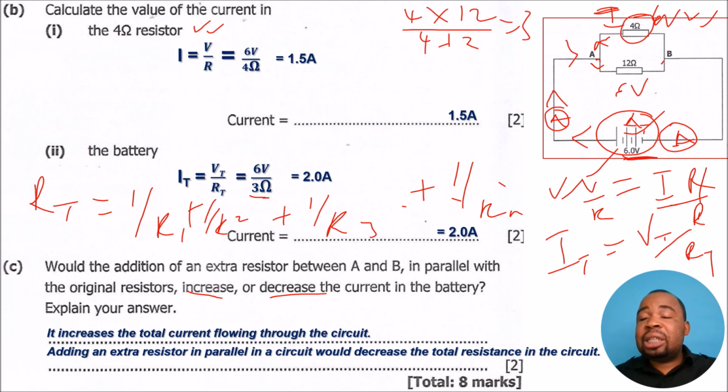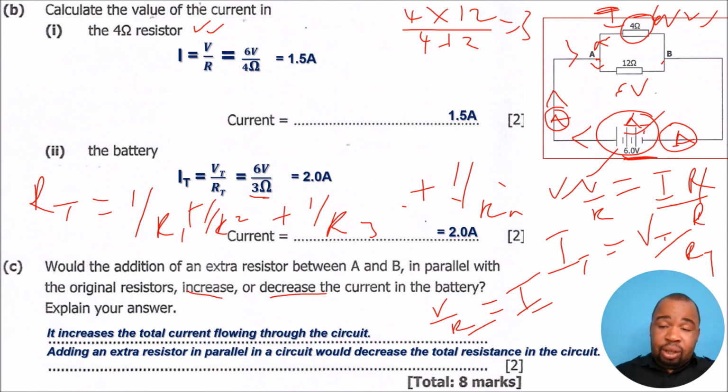And when the resistance is low, current is very high. Why? Ohm's law says V over R is equal to I. So current and resistance are inversely proportional in ohmic circuits. Hence, once your resistance decreases, your current increases.